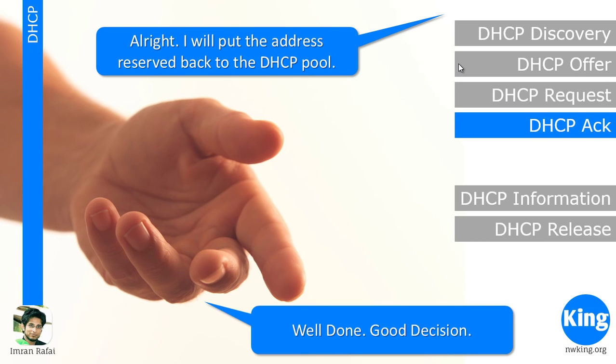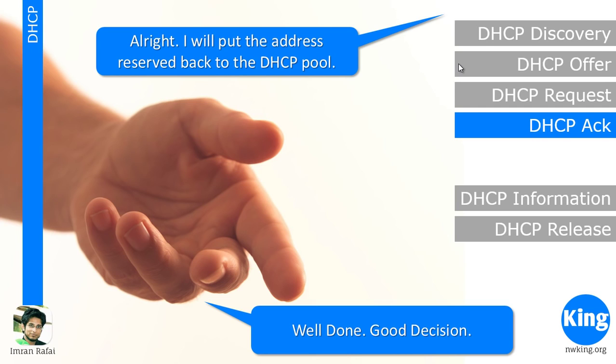Now that's up to the user, right? It's up to you and me for us to just pull the plug. But the client, the machine, your computer, your laptop, whatever, it doesn't have enough time to send the DHCP release message. So in the DHCP process, DHCP release is not a mandatory step, right?